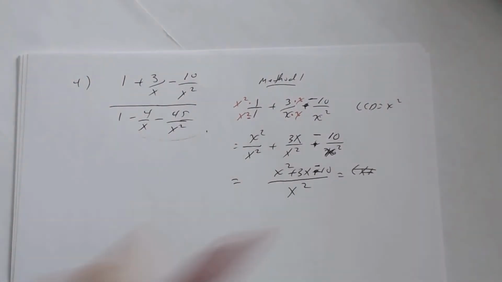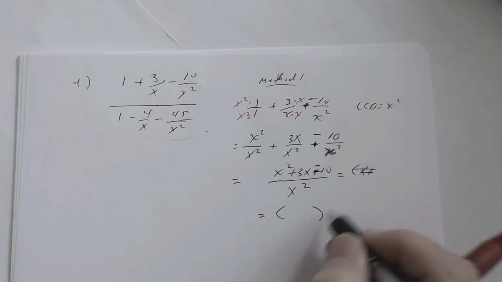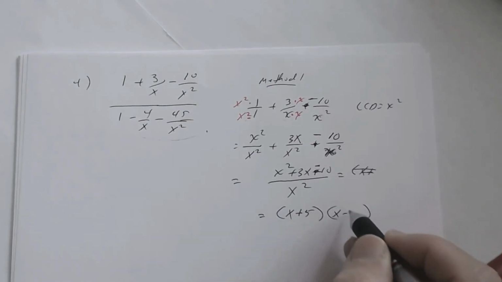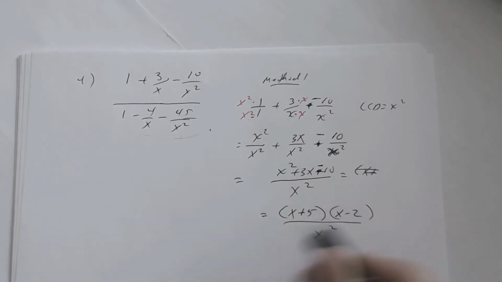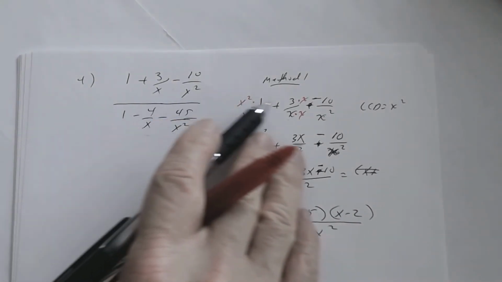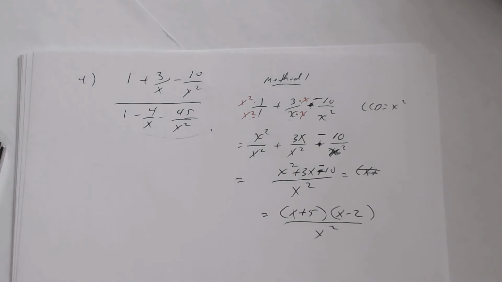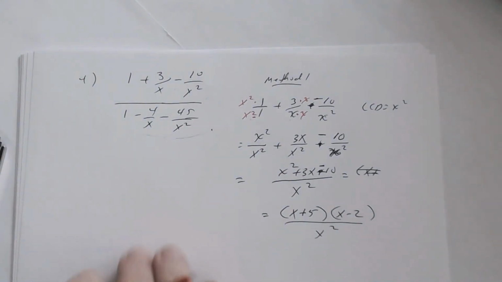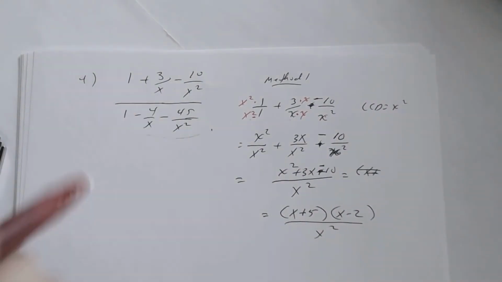And now it can be factored. So when I factor this, that's going to be x plus 5 times x minus 2. All right, so be careful. You can easily mess up as you go along. So always come back, if you have time, and make sure that you wrote all your steps correct. So that's going to be the numerator here.